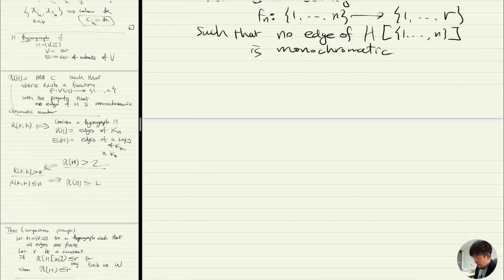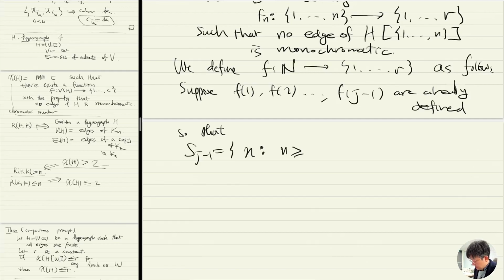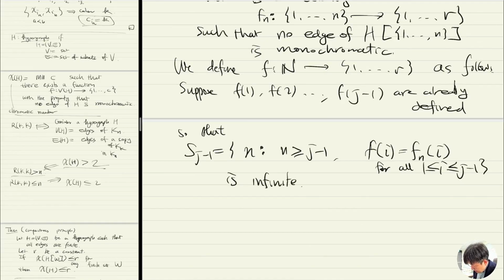Now we're going to define the coloring as follows. Suppose f_1, f_2, up to f_{j-1} are already defined so that the set S_{j-1} of integers n bigger than j-1 with f_n(i) equal to f_i for all i from 1 up to j-1 is infinite.